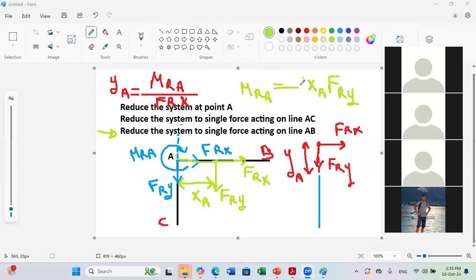We said that if we have a force F and we move it along its line of action, so if we displace it along its line, its moment about A will not change. How can we benefit from this information?